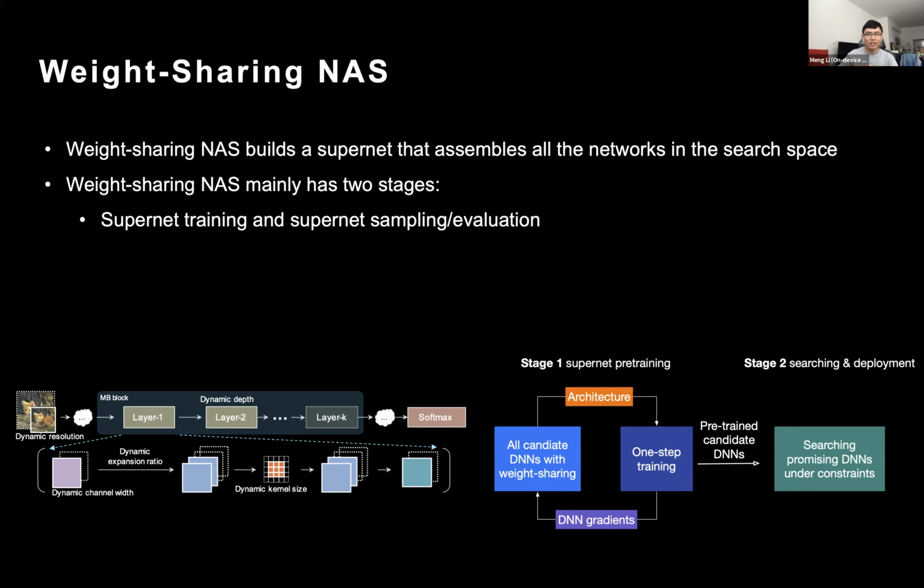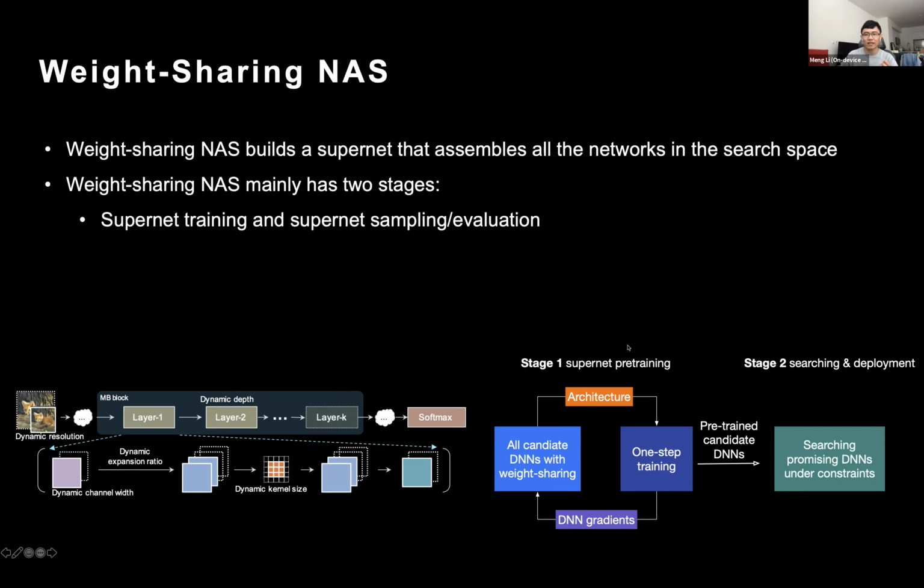By building a supernet, weight sharing based NAS can simultaneously optimize all the networks in the search space, and this gives the potential to significantly reduce the search time. Weight sharing NAS usually has two stages, as shown in this right figure.